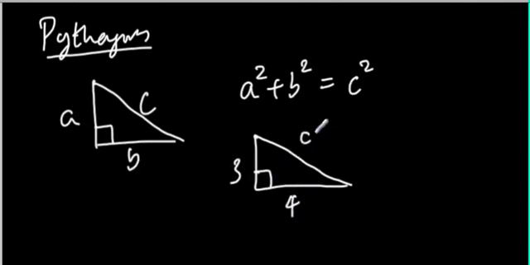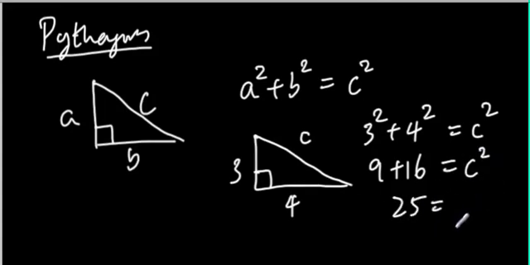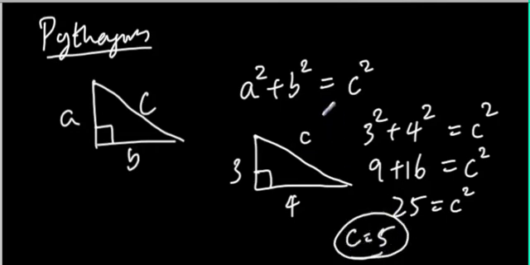You'll see what C is. C will be 5. 3 squared plus 4 squared is equal to C squared, so 9 plus 16 is equal to C squared, which is 25 is equal to C squared, and C is equal to 5. So that side is 5.